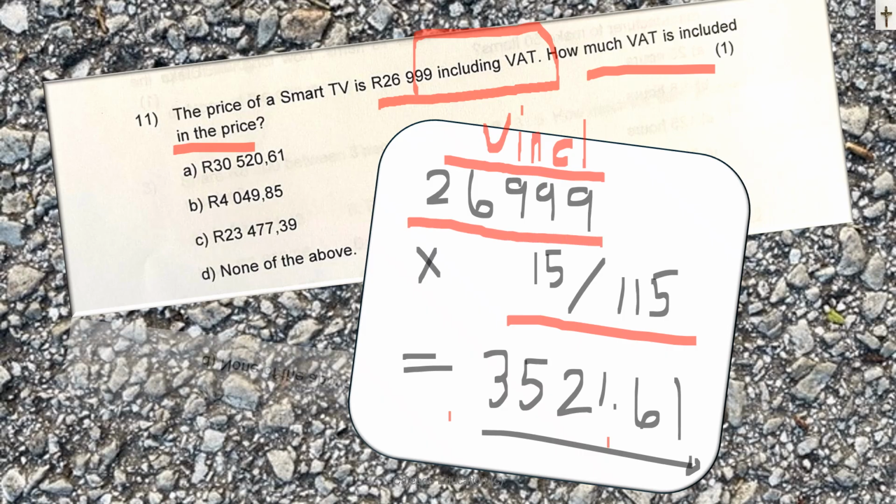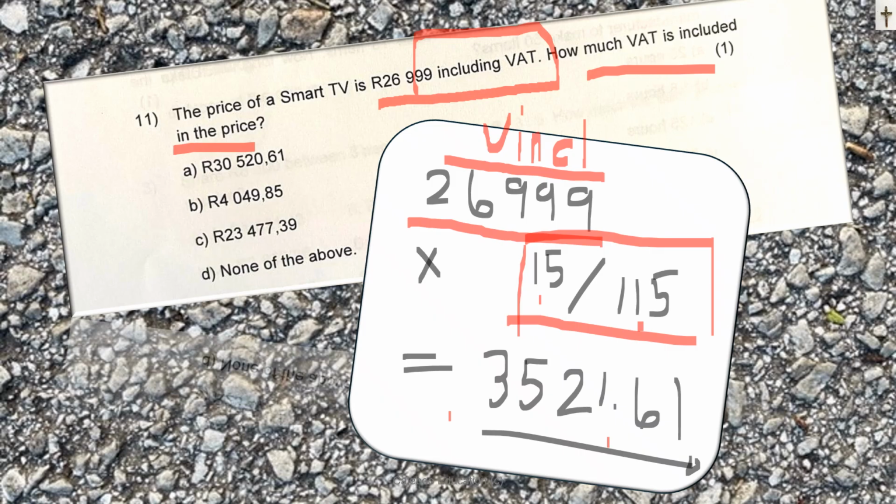So I'm going to give you that explanation again quickly. In this example, you're given the VAT inclusive amount. You want the VAT amount, so we multiply by what I call the VAT fraction, 15%, which is the VAT amount, divided by 115, which represents the 26,999, because it's 100% plus 15%.